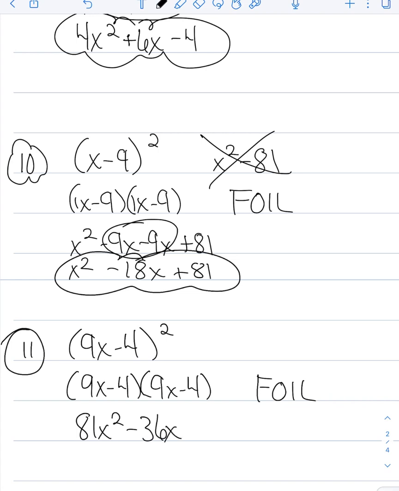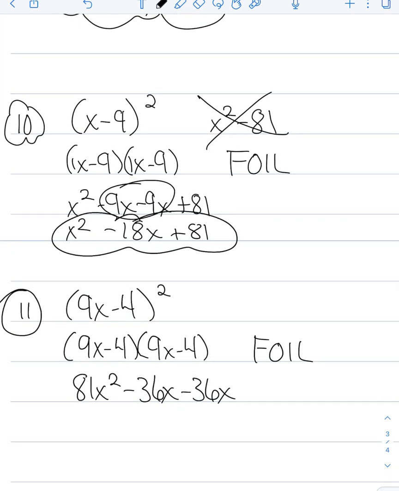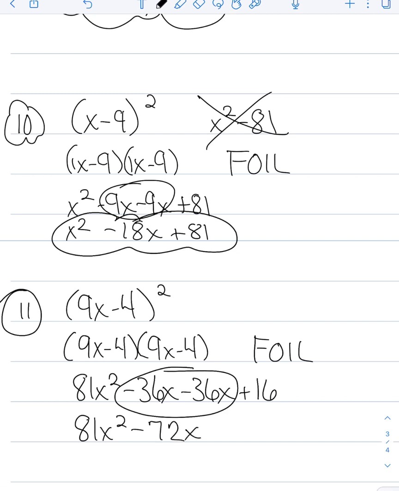Inside, negative 4 times 9x is again negative 36x. And last, negative 4 times negative 4 is positive 16. Do I have like terms to combine? Yes, I do. So I'm left with 81x squared, negative 72x, plus 16. So this is my equivalent expression.